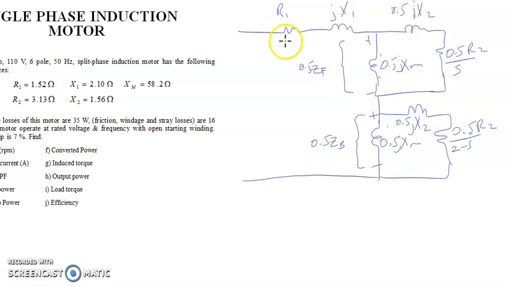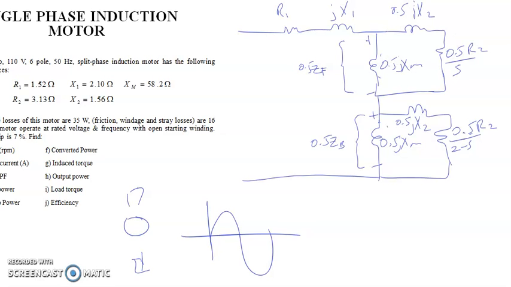So we have here R1, JX1, and 0.5, half of it, because we already split into two. We have forward and backward. When we have our motor here, this is our rotor, this is our stator. The poles will become north and south alternately.